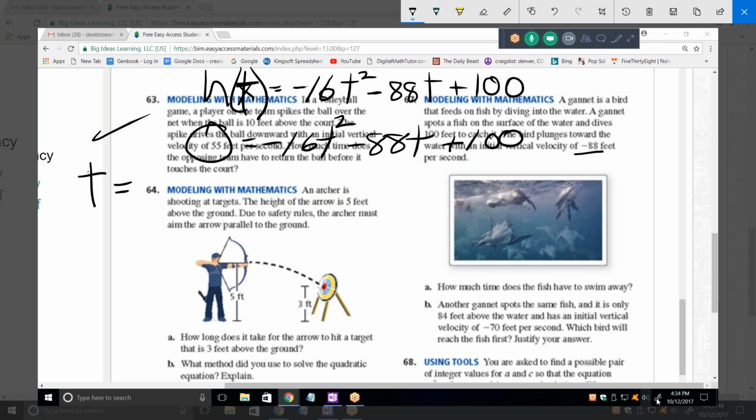So t equals 88 plus or minus the square root of 88 squared minus 4 times negative 16 times 100. Yeah, and you can kind of see why it's useful to just do those three first, 4AC. It's all going to be over minus 32 again. Okay, figure out the discriminant.